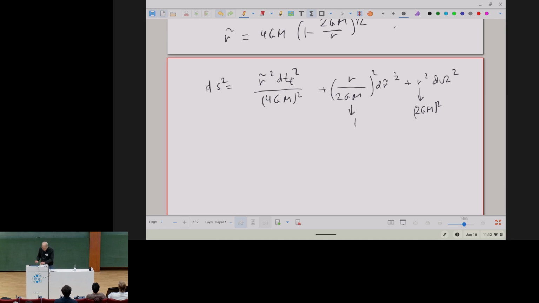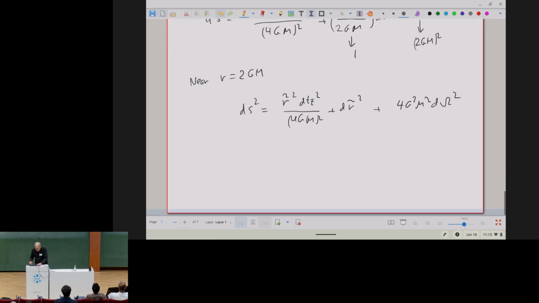So near r equals 2GM, ds squared is just r tilde squared dtE squared over 4GM squared plus dr tilde squared plus a constant times d omega squared.